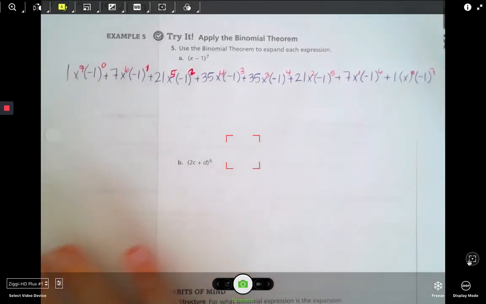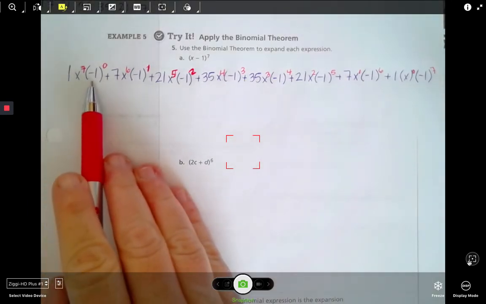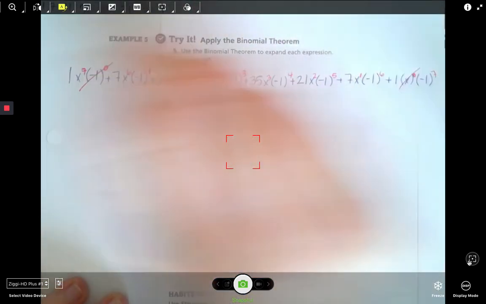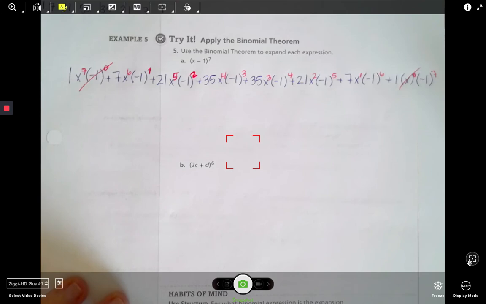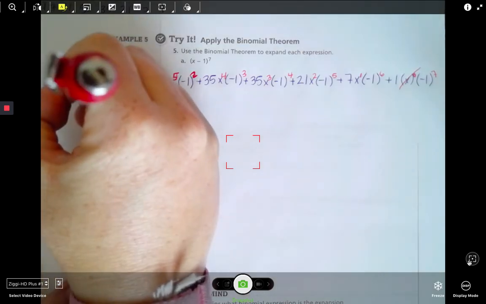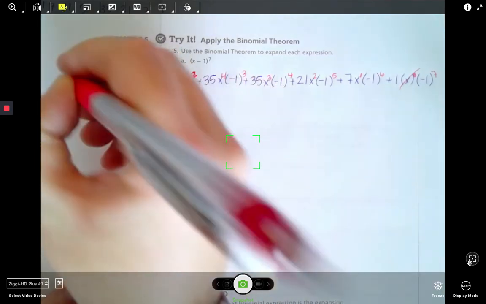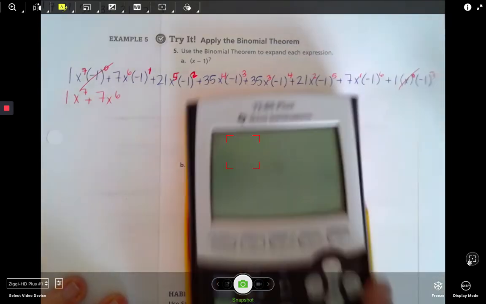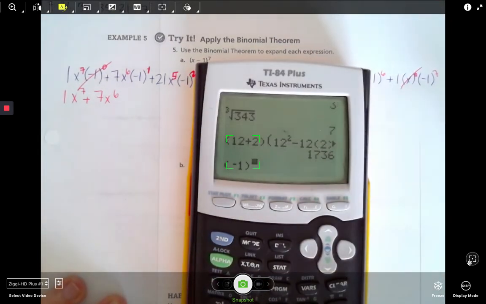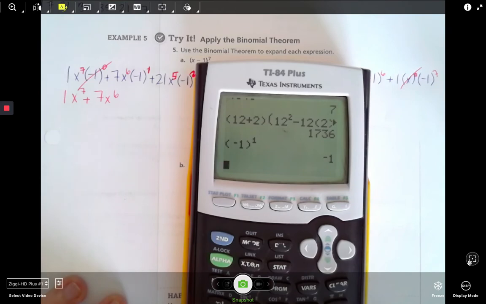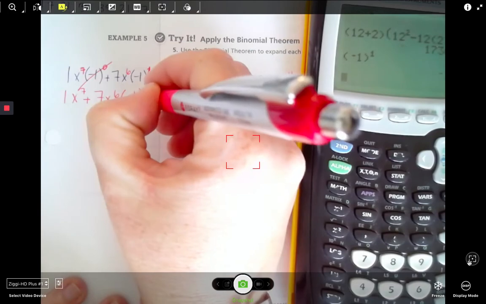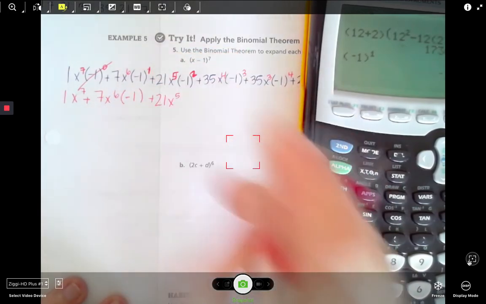Now we got to simplify this bad boy. Alright, remember I told you anything raised to the 0 power we can automatically cross out, right? So now I've still got 1 times x to the 7th plus 7x to the 6th. Well, let's see. Negative 1 raised to the first power is negative 1. Y'all see that? So times a negative 1 plus 21x to the 5th.